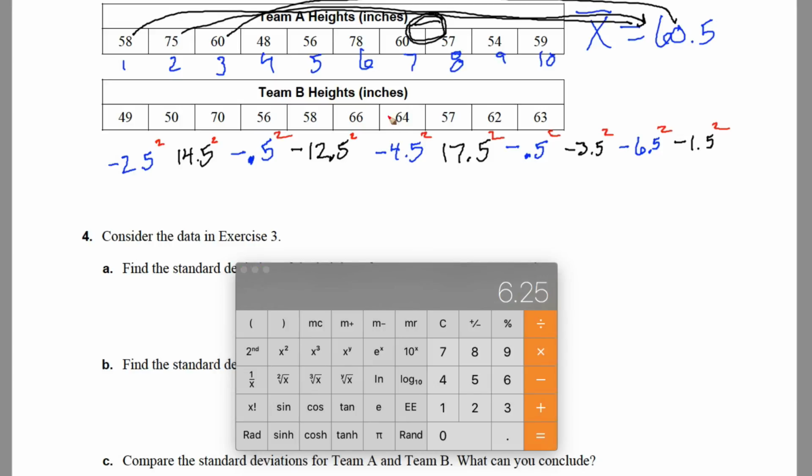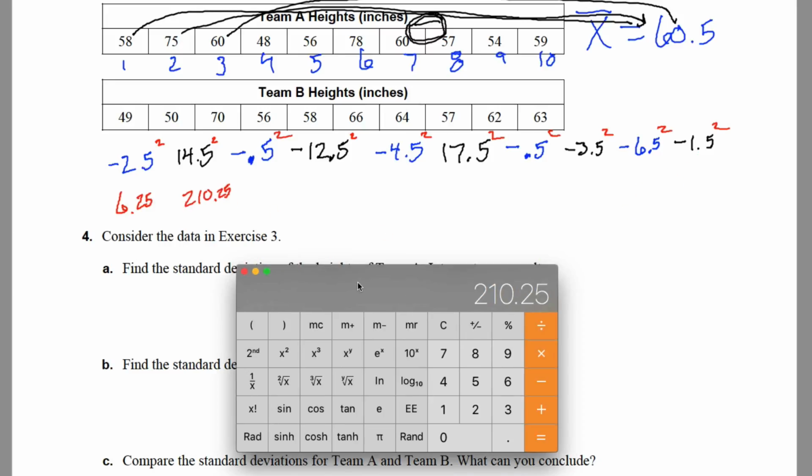So that first one is 6.25. And then 14.5 squared is 210.25. Negative 0.5 squared is 0.25.